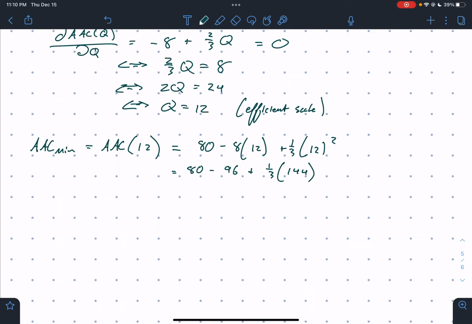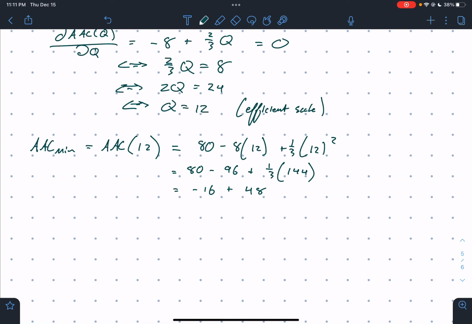Okay. So I believe this is going to be a negative 16. And then the 144 divided by 3 is going to be, give me a second here, I think 48. No, it was 48, I think.